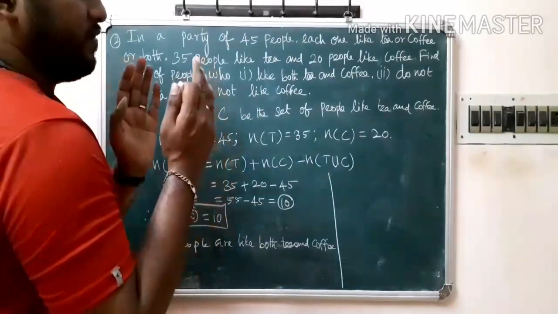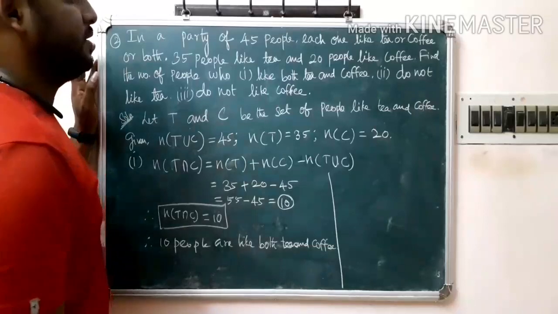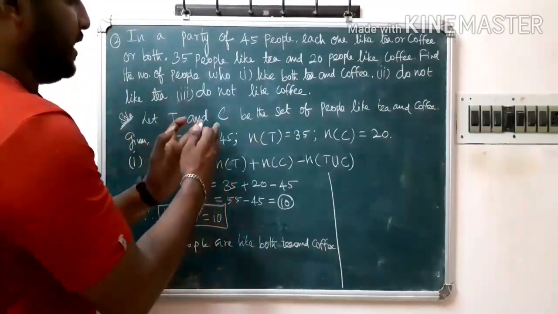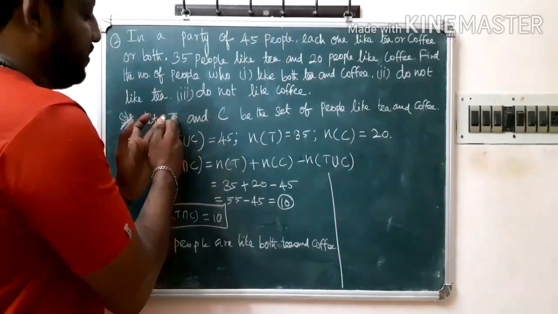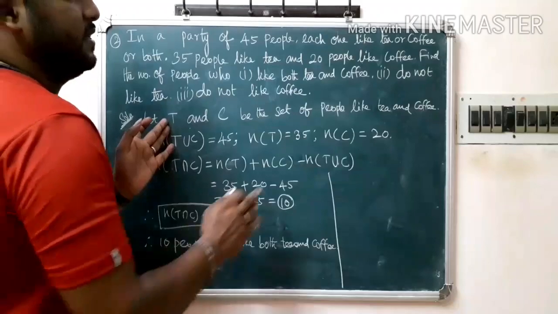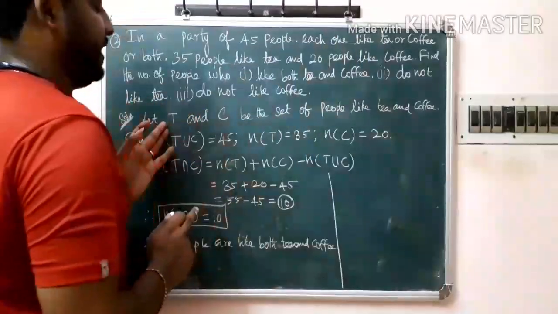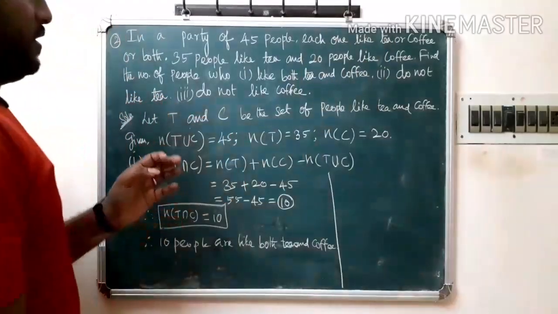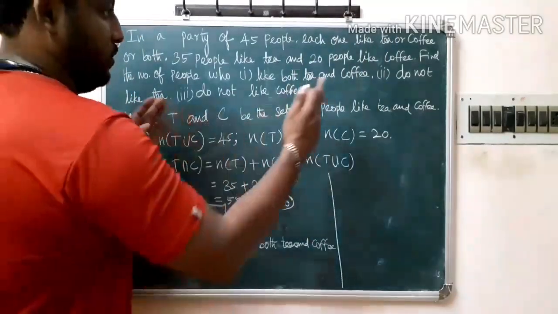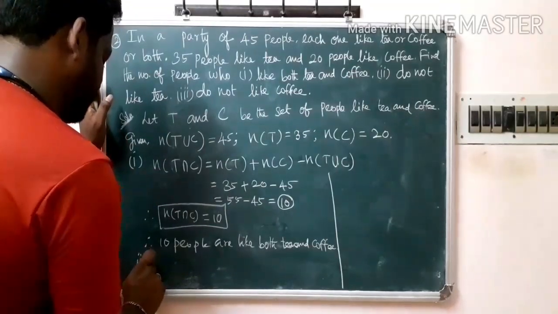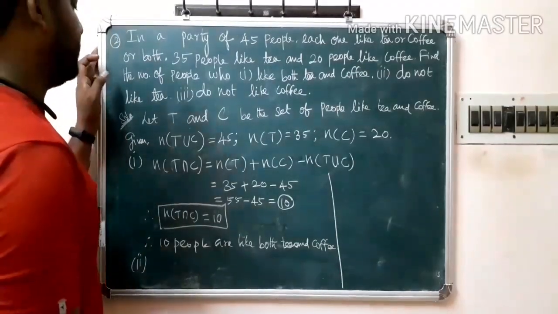And then the second one, we have to find the number of people who do not like tea. That means you have to find only those who like only coffee. Here the set name is given clearly. Capital T means the people who like tea, and capital C means the people who like coffee. Here, the second one is the people who do not like tea.